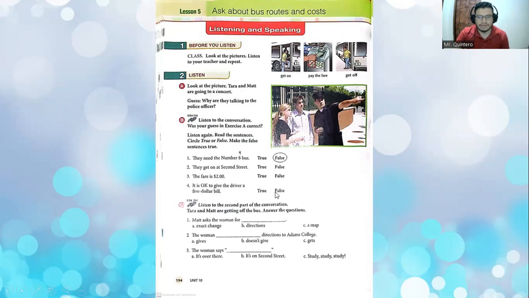No, it's false. You have to give the exact money. In this case, you have to give exactly $2. Listen to the conversation part. Tara and Matt are getting off the bus. Answer the questions. Audio number 11.